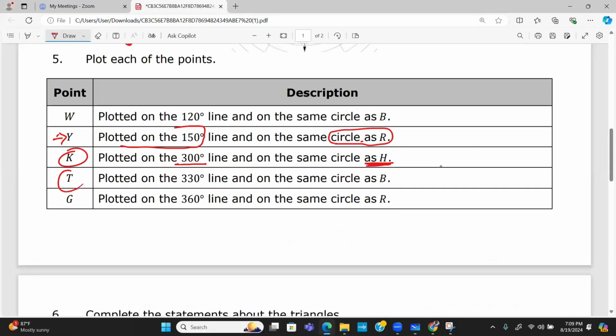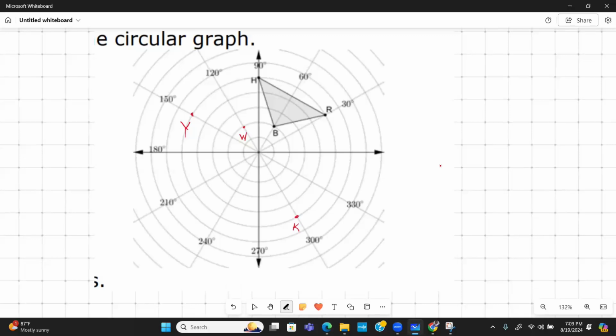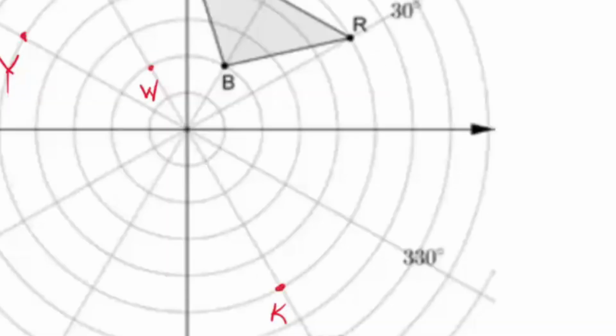Let's look for T. T is actually on the B circle, and it is at the 330-degree mark. The B circle is this circle right here. We're looking for 330. So it's right here.